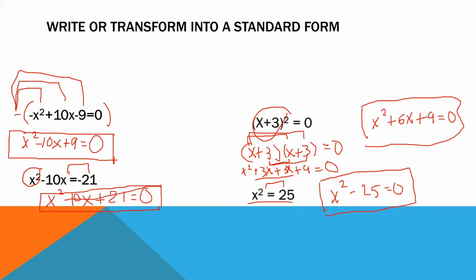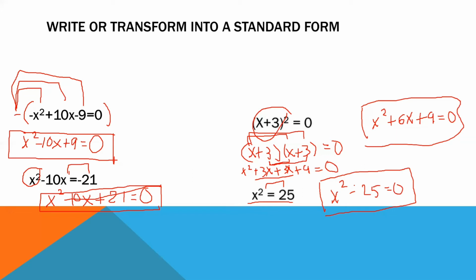So sa ating quadratic equation and also standard form, if the linear term is not given, okay lang. It is also considered basta equal to 0 at may quadratic term tayo, it is considered as standard form. If wala namang constant pero may linear term, it's the same. Wag lang mawawala ang ating quadratic term and the standard form will be equal to 0.